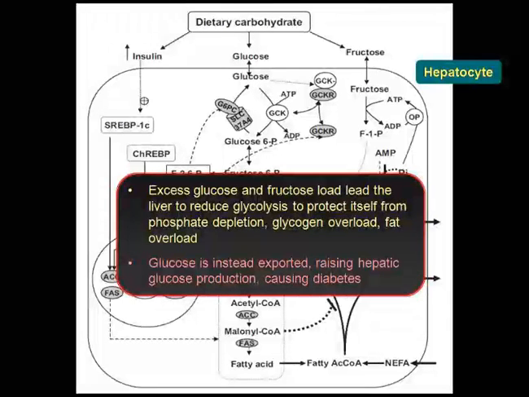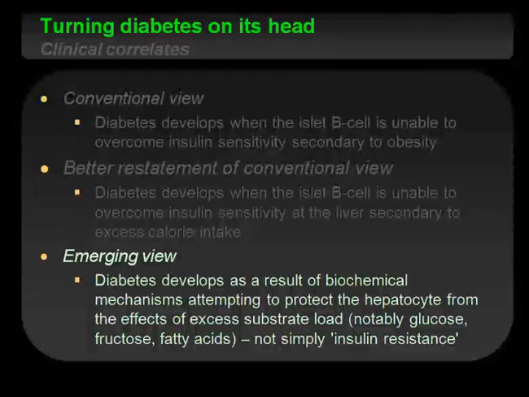So glucose instead is exported, as DeFronzo showed 3 decades ago, raising hepatic glucose production, thus causing diabetes. So just to restate that, then, the emergent view would be diabetes develops as a result of biochemical mechanisms attempting to protect the hepatocyte from the effects of excess substrate load, not simply from insulin resistance, an artifact of the way we measure the situation.